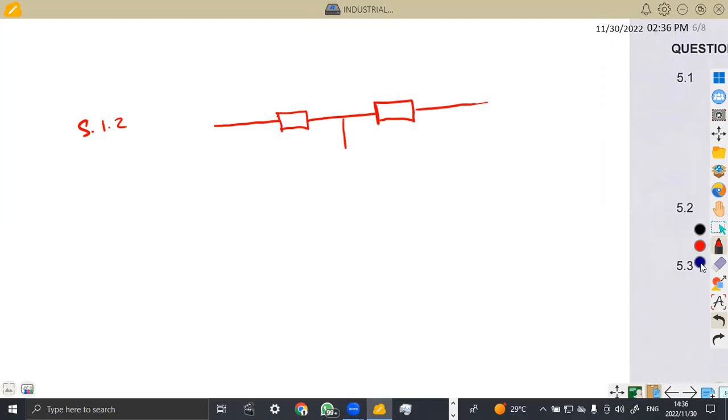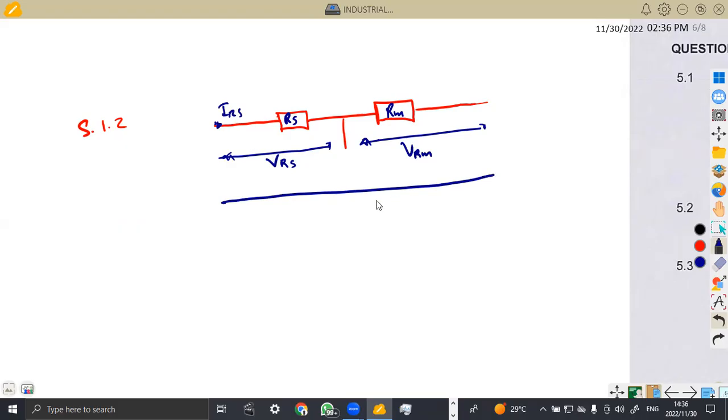That's our RS, then our multiplier resistor, and definitely we are going to have the voltage across the multiplier resistor, the voltage across the series resistor, and we know that the current is the same, the IRS that is going to flow here. That's our IRS and the total voltage of the circuit that we are having. So that is what you're going to actually have.